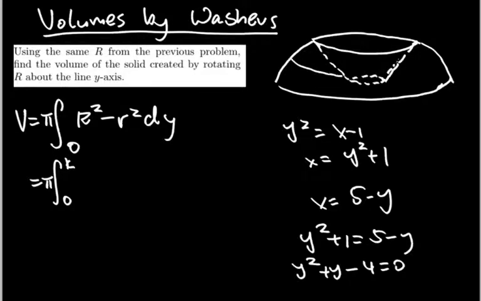So each cross section, I'll use a different color, is going to have a radius of this, and this.